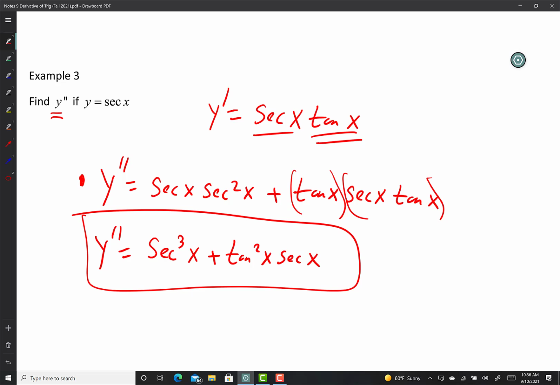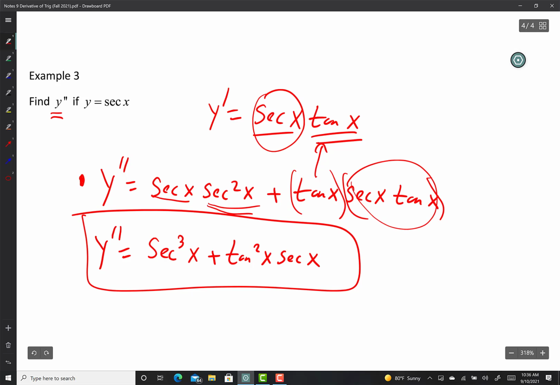Right, okay, I got that. And then I did first times derivative of the second. So derivative of tan was secant squared plus second. So this tan x is that. And then the derivative of secant x is secant x tan x. And there it is. And then this is all a product. So tan squared secant x.